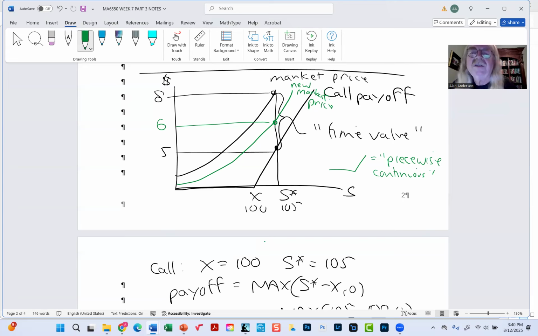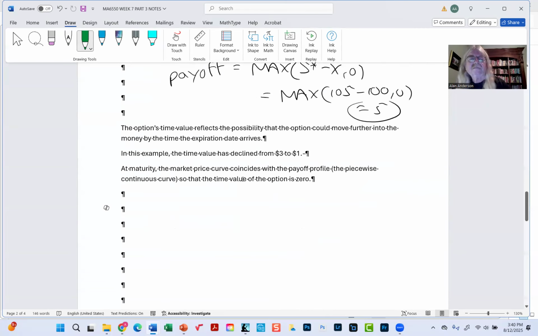Okay, so it's piecewise continuous because it's basically two functions patched together at that one point. This is how the payoff profile behaves because that's how options are defined. The market price curve is a smooth, continuous curve, but they get closer and closer to each other. And on the final day of trading, they are the same, and the time value is going to be zero.